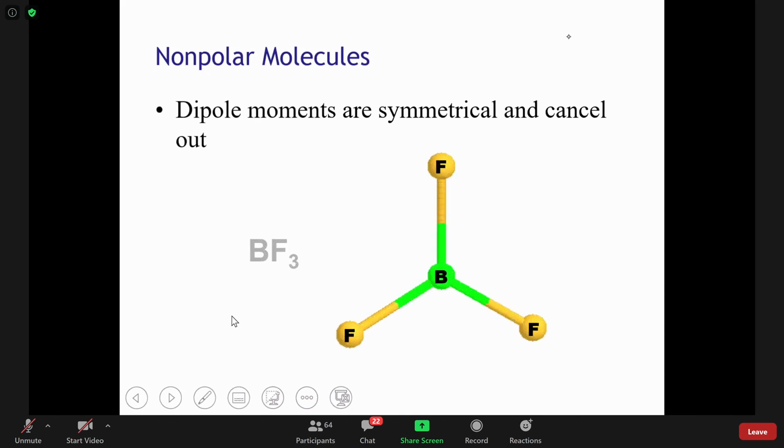So here is a classic example. Does this molecule have a dipole moment? I mean, do these individual bonds, I should say, have dipole moments? Yes.